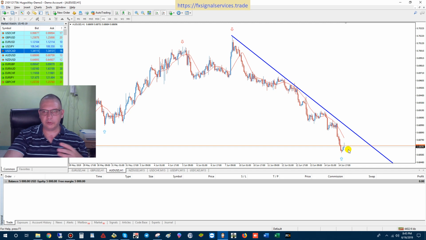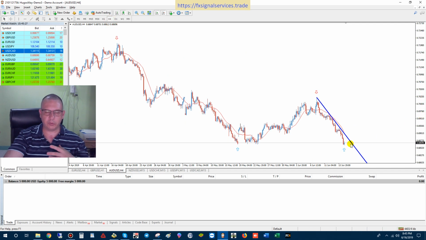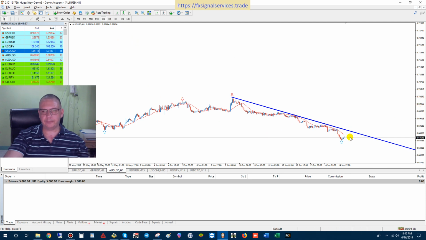So all we have to do is wait for this to break. I do not think it's going to drop any further, considering that we have a buy signal on the 4-hour and 1-hour chart. Okay, so this is definitely a good time to buy.